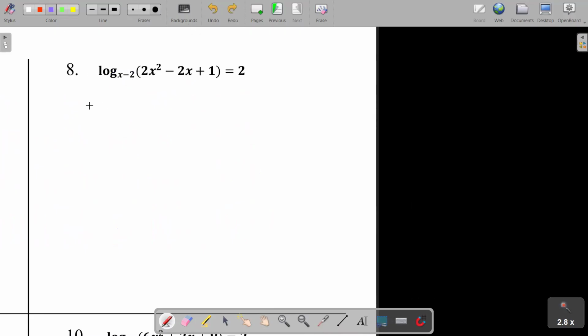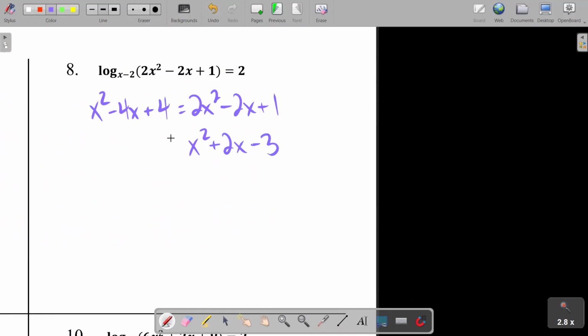So your first thing should say x squared minus 4x plus 4. And we're going to set that equal to the argument of the log, which is 2x squared minus 2x plus 1. And again, I just have to be smart about which side I move stuff to. Again, I want the right side so that x squared stays positive. So I have x squared, add 4x gives me plus 2x, minus 4 gives me minus 3. Set that equal to 0, and we factor.